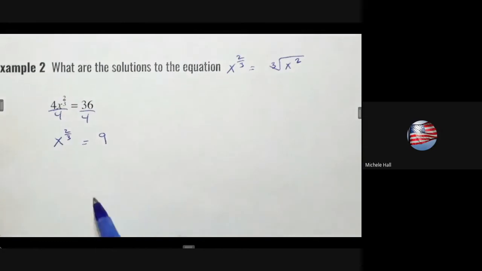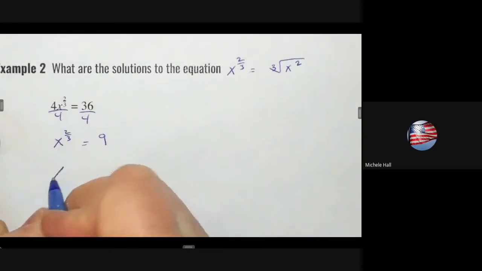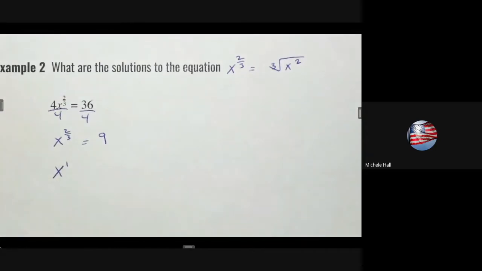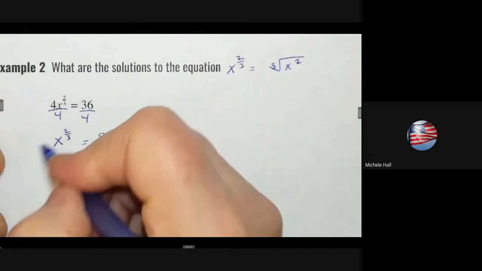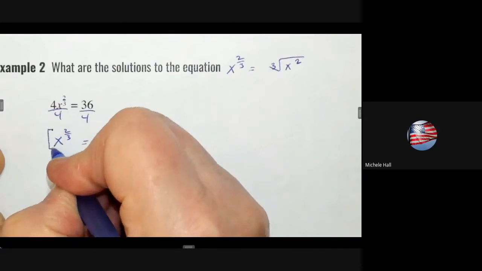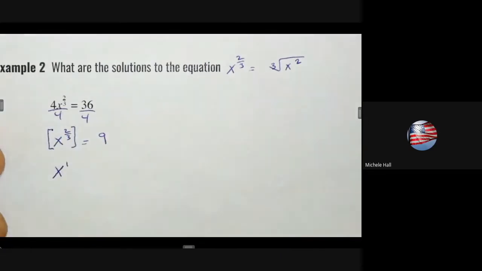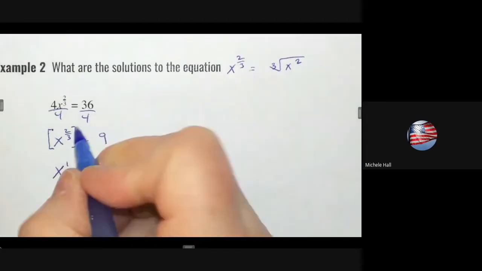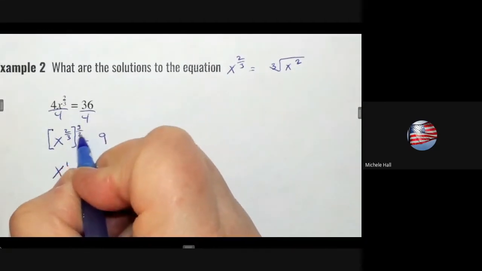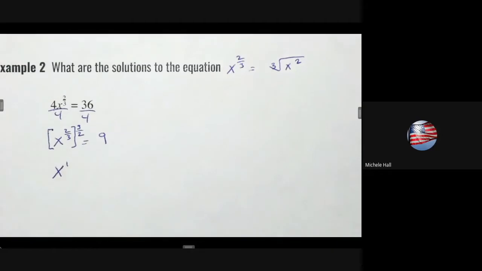And now we are ready to get the exponent by itself. How can I undo x to the 2/3? I want an exponent that says x to the 1. What could I do? I could raise this side to what exponent? What exponent would give me a 1? I need my 3's to cancel and my 2. So I'm going to raise it to the 3/2 power.